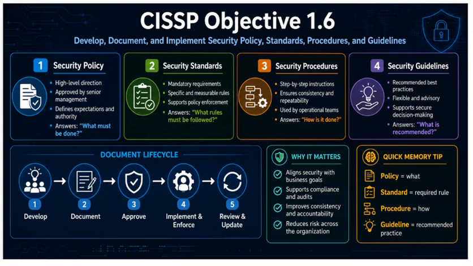Security procedures. A procedure is a detailed, step-by-step instruction that explains how to perform a specific task. Procedures are operational documents used by administrators, analysts, help desk teams, auditors, and business users.